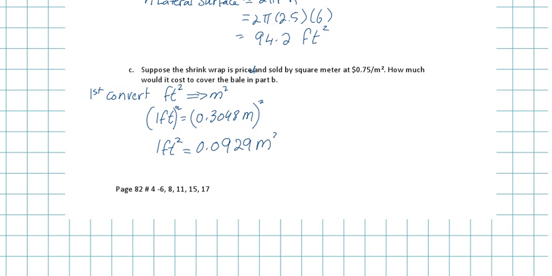I have 94.2 feet squared, so I have to place it under the feet squared. So what is 94.2 feet squared times 0.0929?